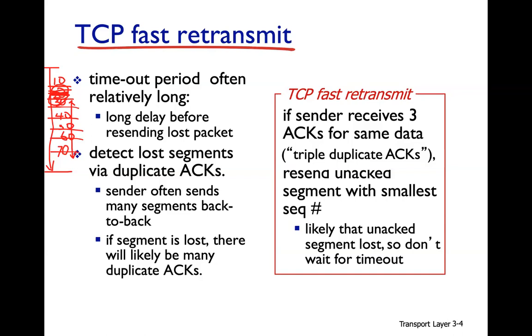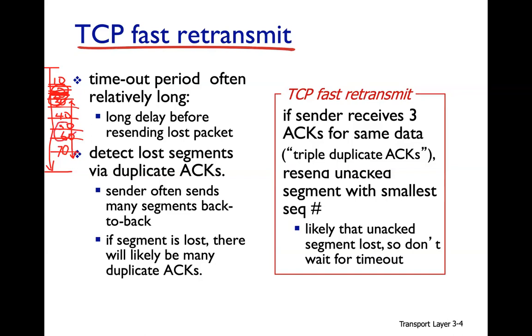When you receive 10, it will ACK 20. I want 20. You get 30, you will send ACK 20 again. This is the first duplication. When you get 40, you get another ACK for 20. This is another duplication.